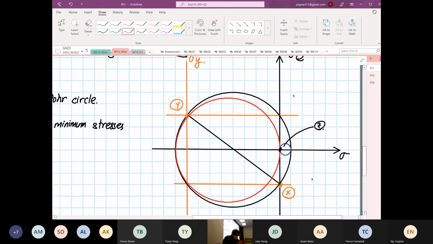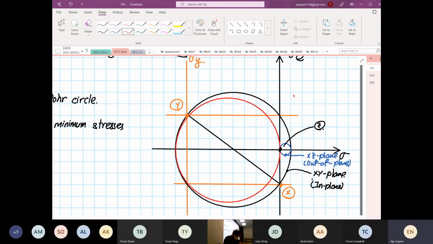Okay. So our in plane, this is our XY plane, which belongs to our in plane, right? And then the next one that we drew, this is your XZ plane, and this is your out of plane.